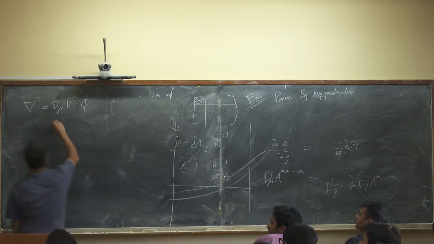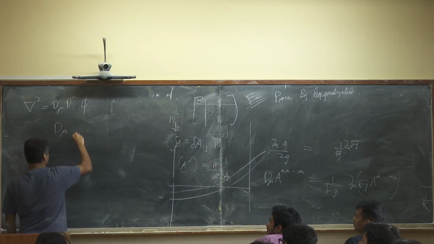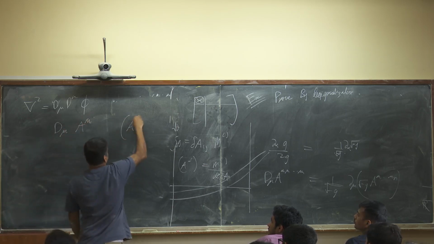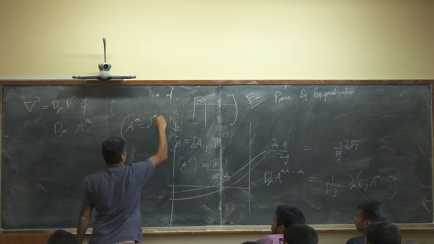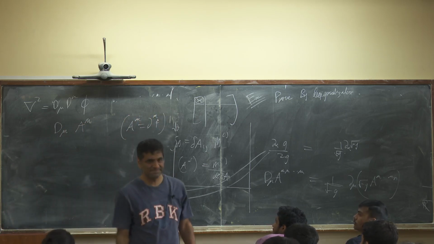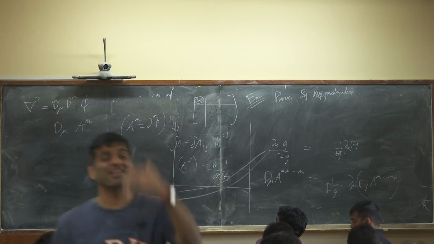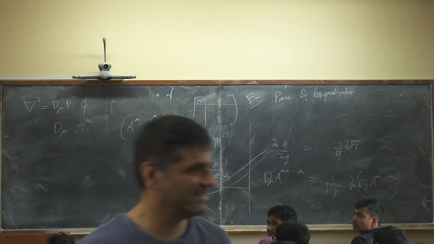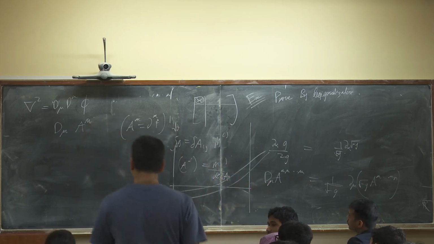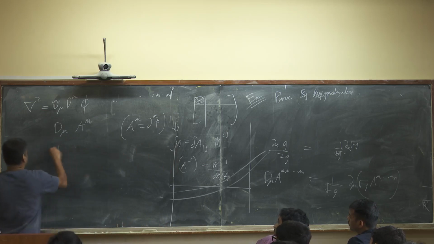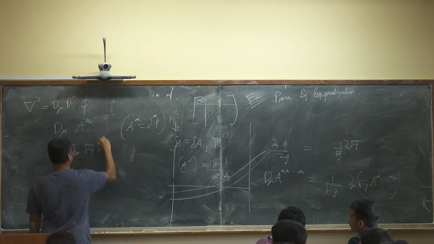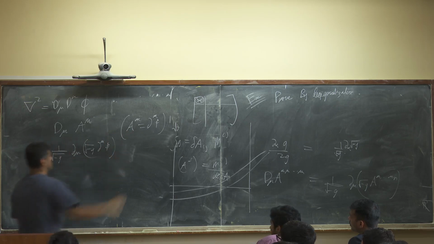Right? So this is D mu of A mu, some vector A mu. What is the vector A mu? A mu is equal to del mu phi. What does a derivative with an upper index mean? It means derivative raised with the inverse metric. Then we use this lovely formula which has 1 over square root minus g, d mu, square root minus g, A mu, so that was del mu phi.